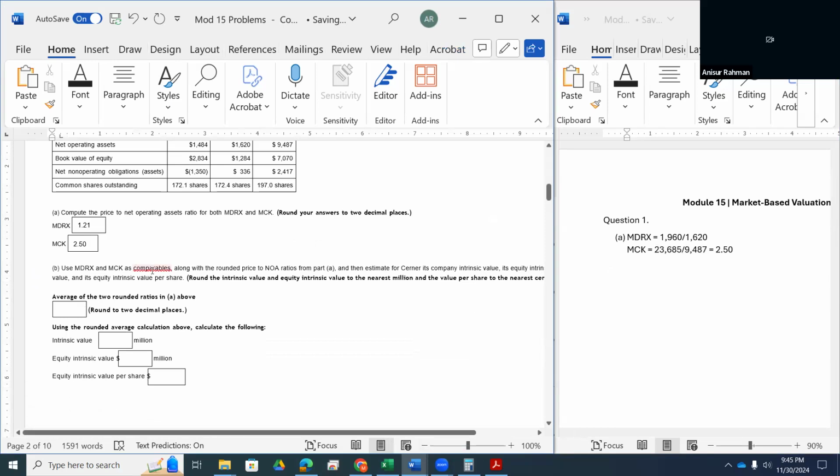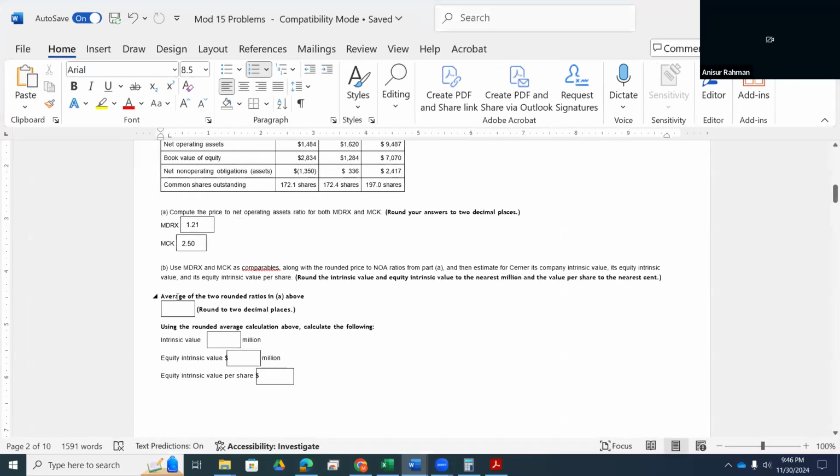Use MDRX and MCK as comparables along with the rounded price to net operating assets ratio from part A. So we have to use these values, price to net operating assets ratio rounded to 2 decimal places, and then estimate for Sarner its company intrinsic value, its equity intrinsic value, and equity intrinsic value per share.